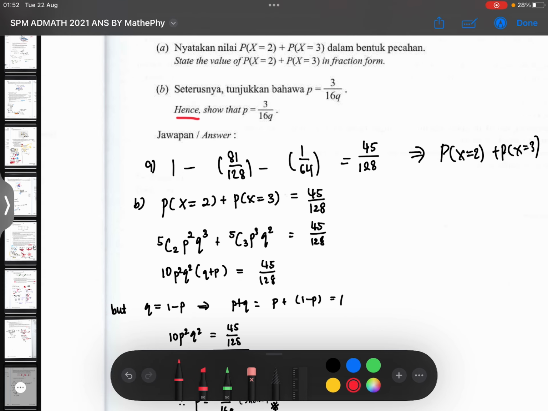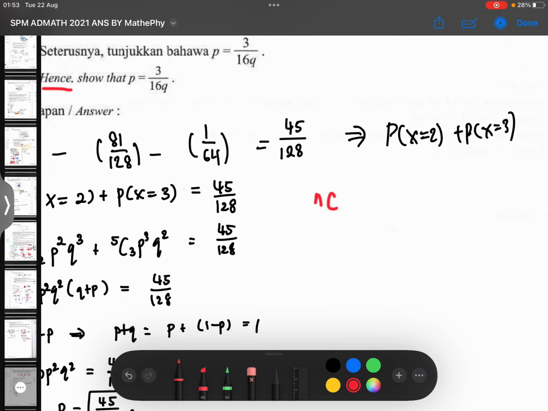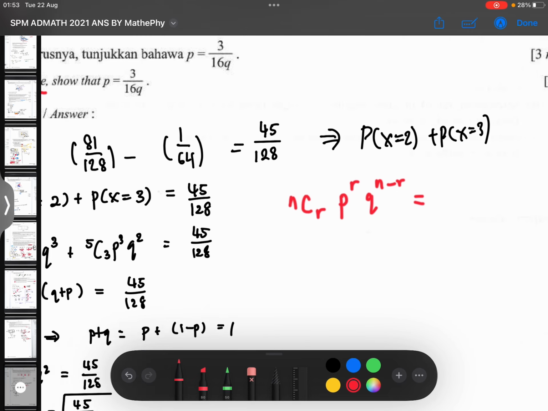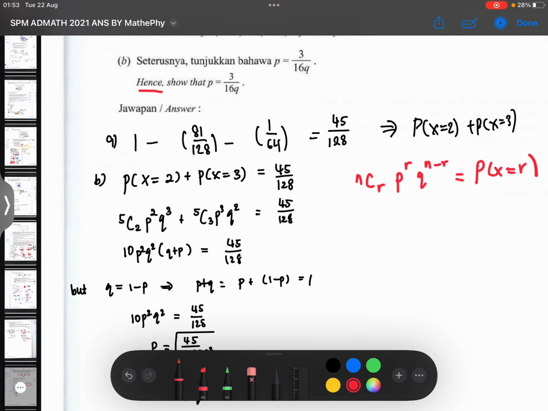I hope you still remember, nCr p to the power r times q to the power n minus r. So this is P(X equals r).